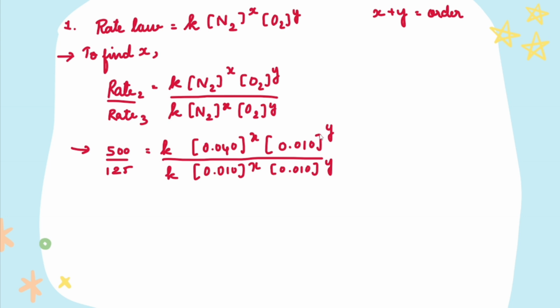You see here, we can directly cancel the y term, that is 0.010 to the power y, because they are the same. As they are the same, we are cancelling it, and we can easily find the value of x.